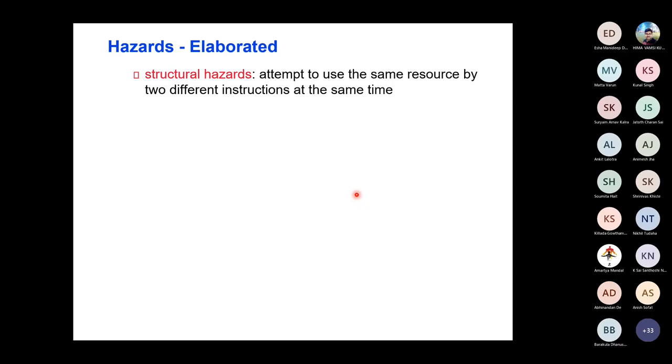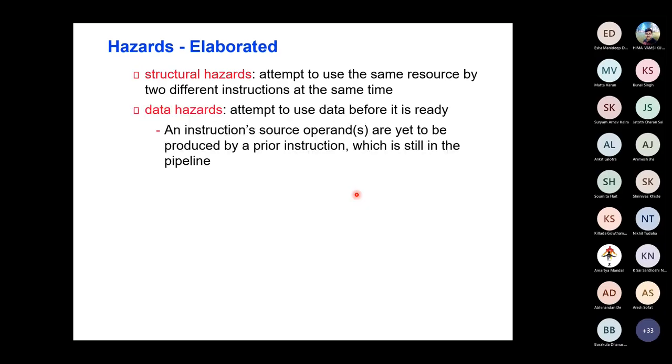Okay, so in summary, structural hazards mean attempts to use the same resource by two different instructions at the same time. Data hazard means an instruction's source operand is yet to be produced by a prior instruction which is still in the pipeline.